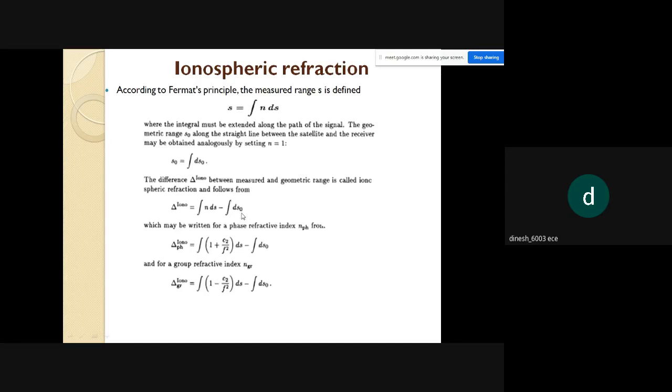Which may be written for a phase refractive index n_ph, substituting the value of n. So n is your refractive index. It is 1 plus c2 by f square.